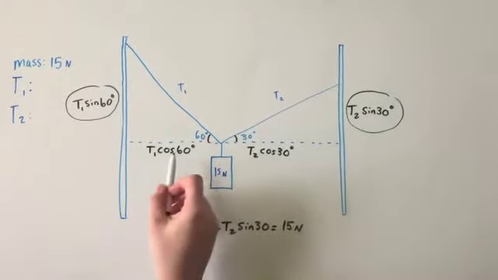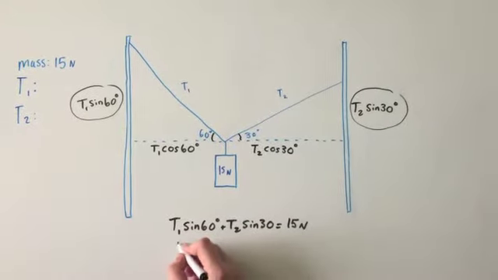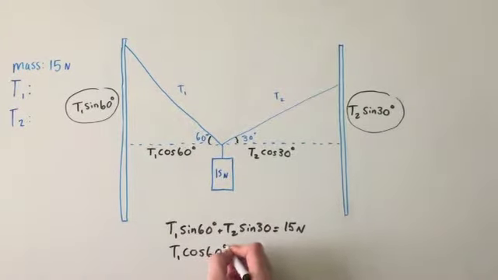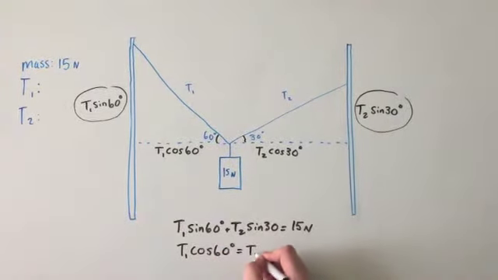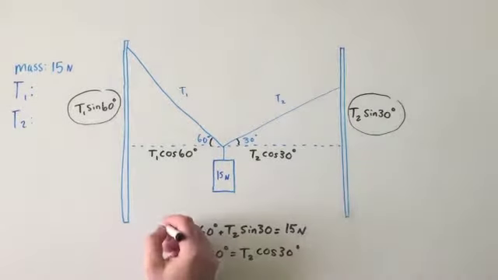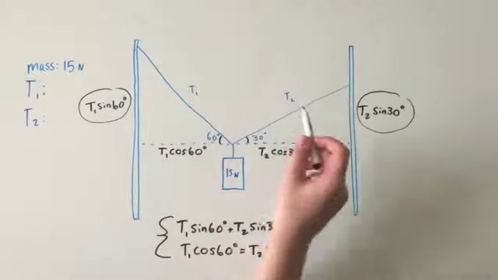And then because we know that the left forces equal the right forces, that is written as T1 cosine 60 equals T2 cosine 30. And with these two equations, we will be able to figure out both T1 and T2.